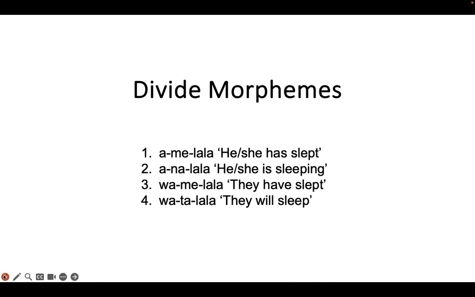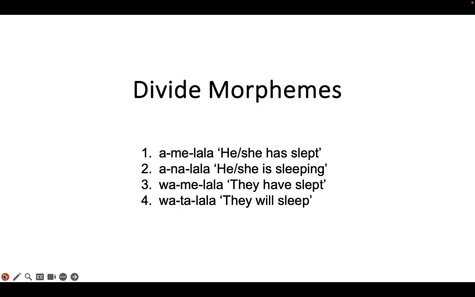And so that leaves us with another morpheme in the middle. And if we compare those morphemes to the English translations and look at the verb tenses, we will see that each of those morphemes from the middle of the word line up with the verb tenses. So it seems like we have a correct morpheme division here. All right, so now it's time to try to identify the meaning of each of these morphemes.